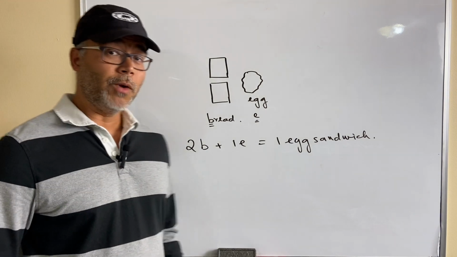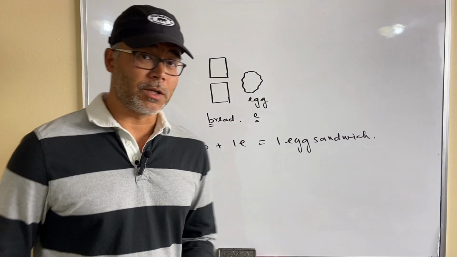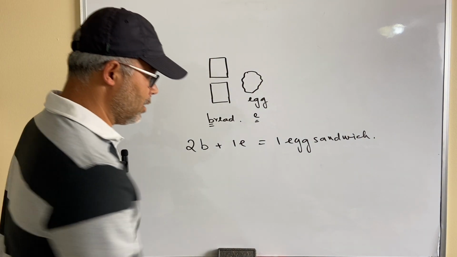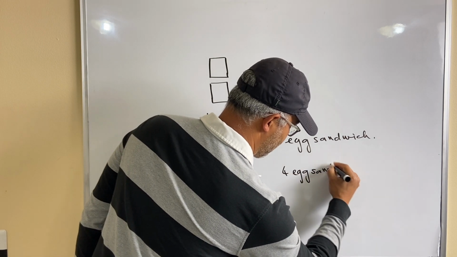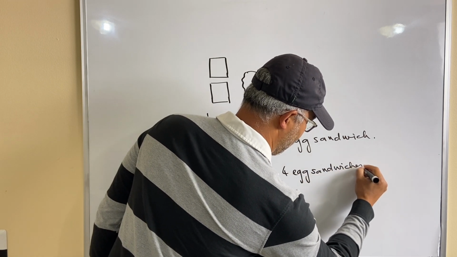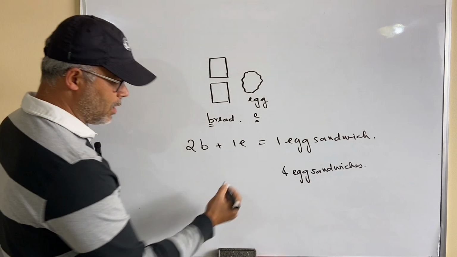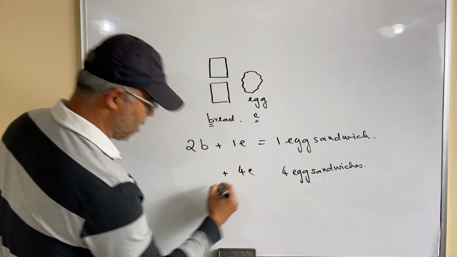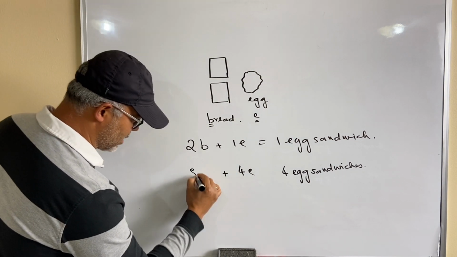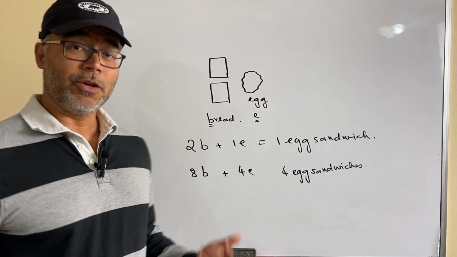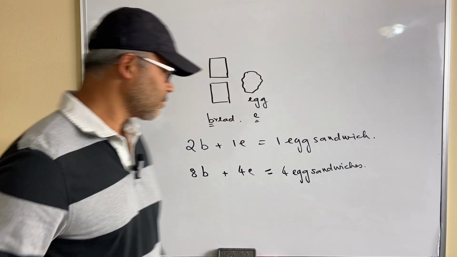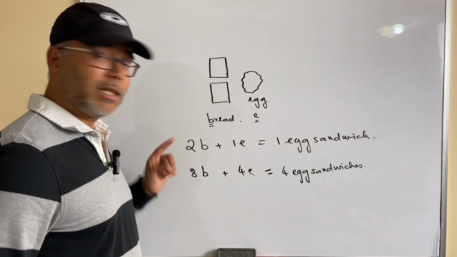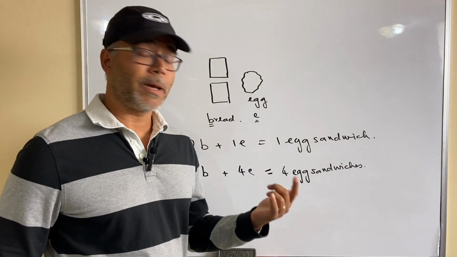Now, if you had to make 4 egg sandwiches, then you would need 4 eggs and 8 slices of bread. Now you can think of this fairly intuitively, right? Now, turns out reactions work in the same way.